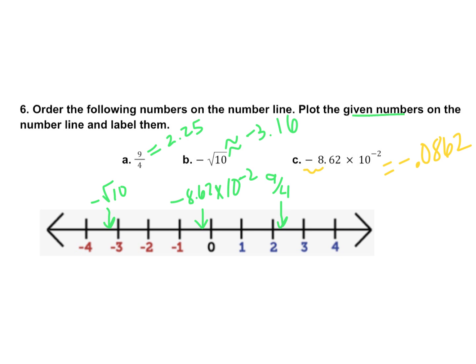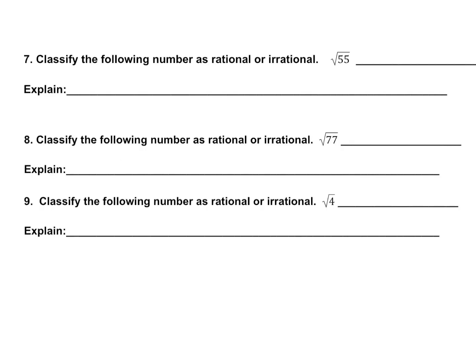Okay, so then you can see now they're ordered and on the number line, and I put the given numbers on the number line. Okay, for the last set, we're going to classify if it's rational or irrational. Go ahead and use your calculator. The square root of 55 gives us a very long number, 7.416 and so on. It doesn't terminate, it doesn't repeat, so that's irrational.